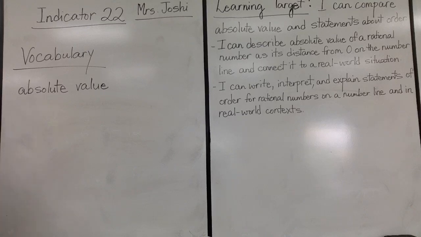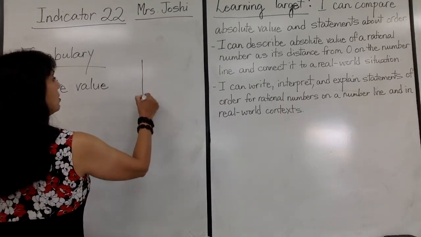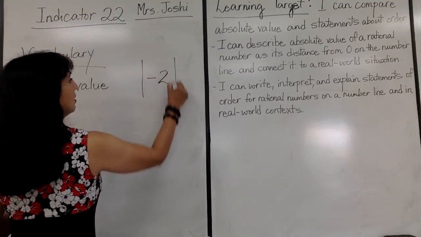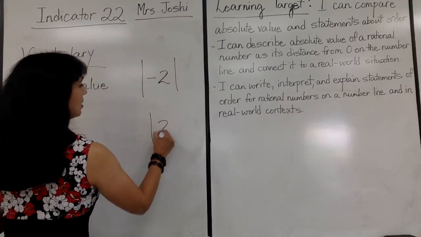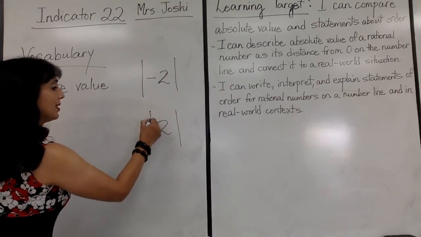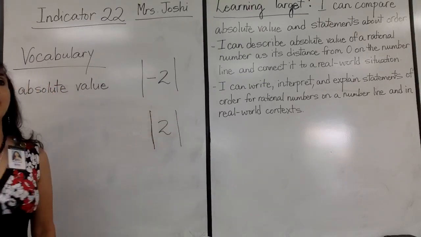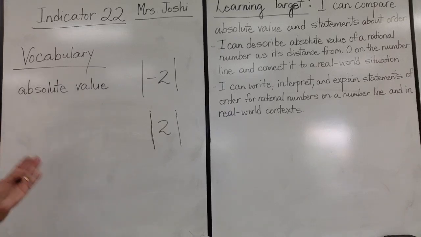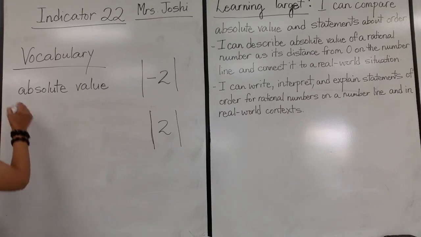All right, and very often you may have seen numbers written out like this, or a number written out like this. Okay, so these lines over here, the longer lines right next to the number, this is actually signifying absolute value. And the absolute value of a number is the distance between the number and zero on a number line.